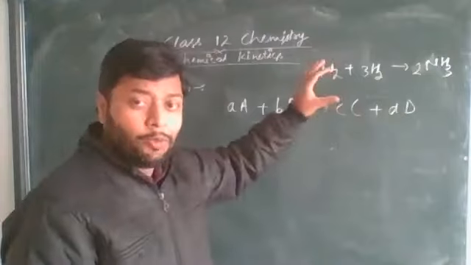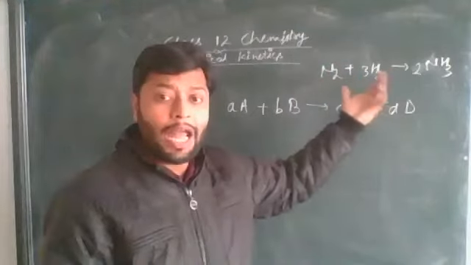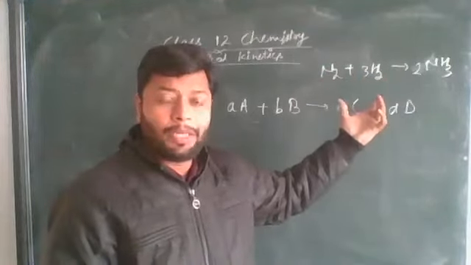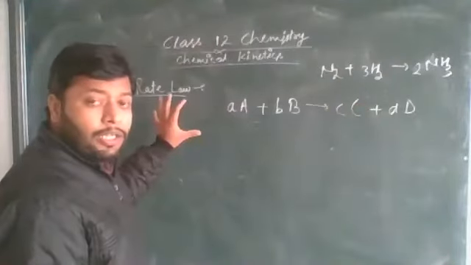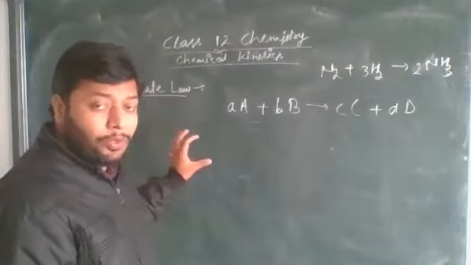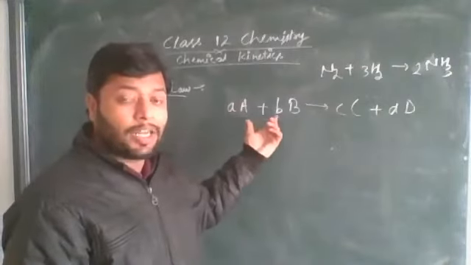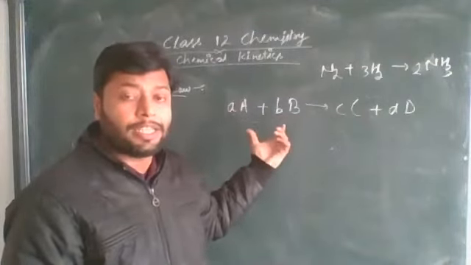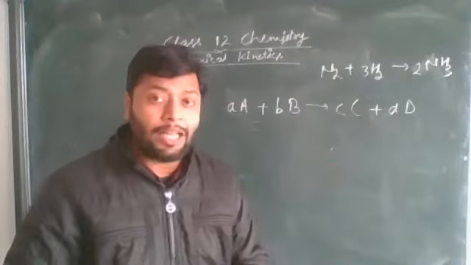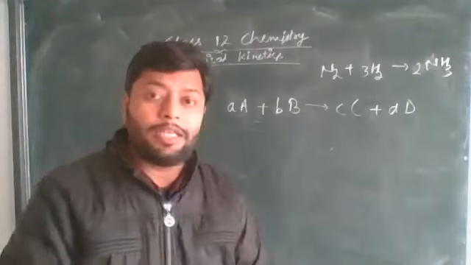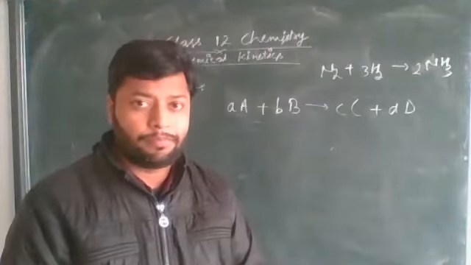Because in the reaction we can see only the 3 mole and 1 mole ratio, but the actual picture is really different. The rate law will explain the actual concentration of reactants that is going to be involved in any chemical process, and that will determine the rate of the chemical reaction.